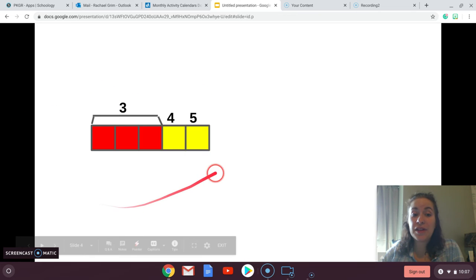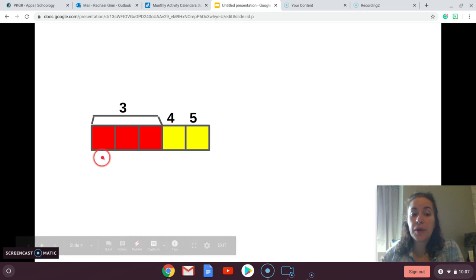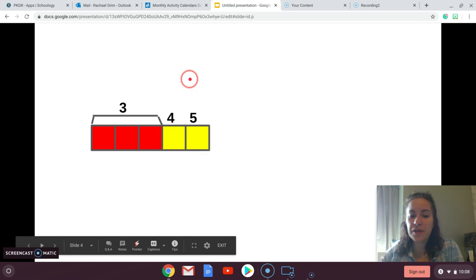And we'd find out that there were 5 cubes. We would start with the number that we know and can see easily. We know there's 3. We can see there's 3 red cubes. So 3, 4, 5. There are 5 cubes altogether.